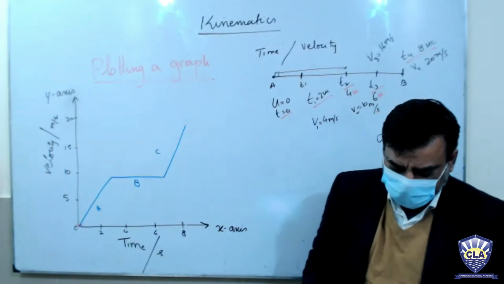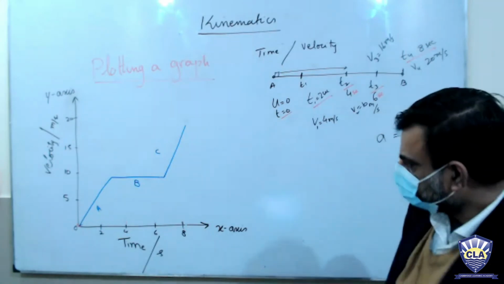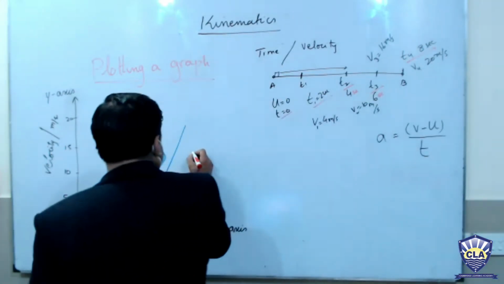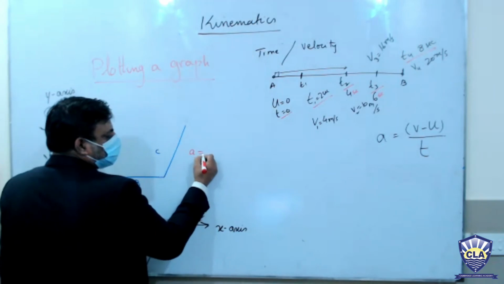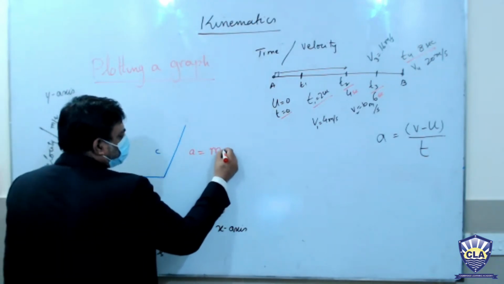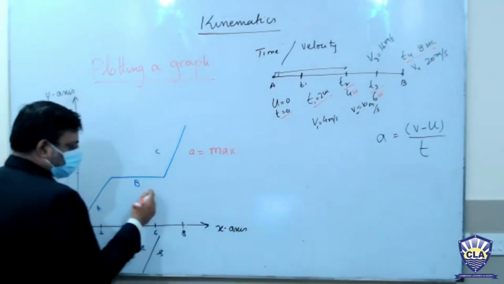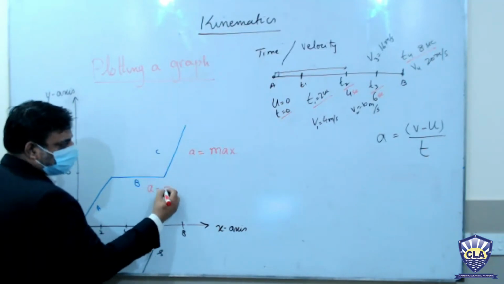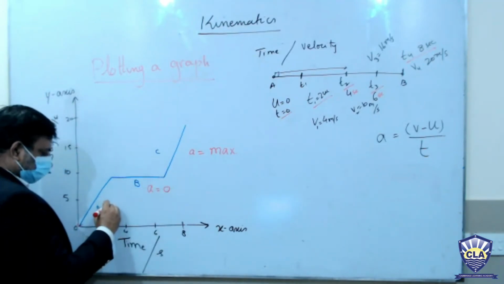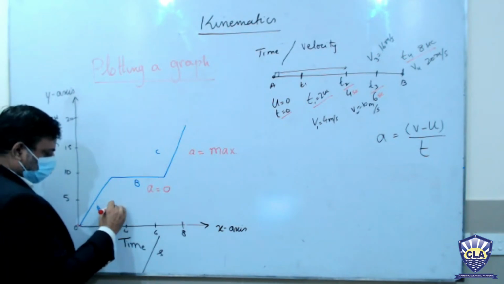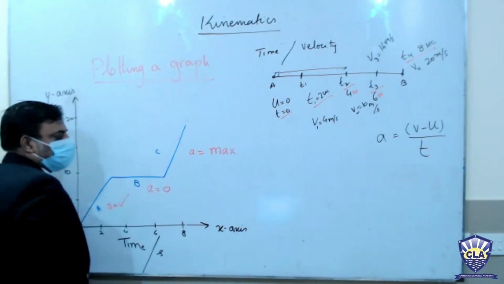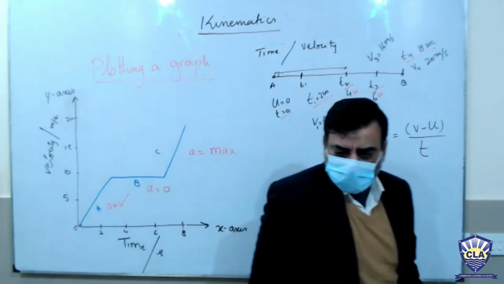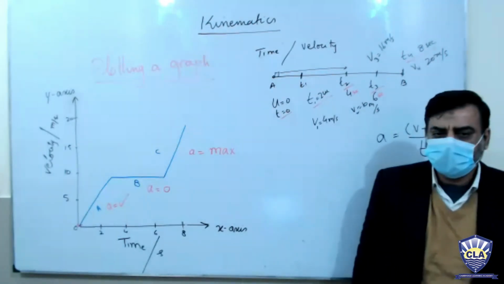Some of you are saying C. Acceleration is maximum at C, excellent. At B acceleration is 0, and at A acceleration is there, acceleration is produced. All right.